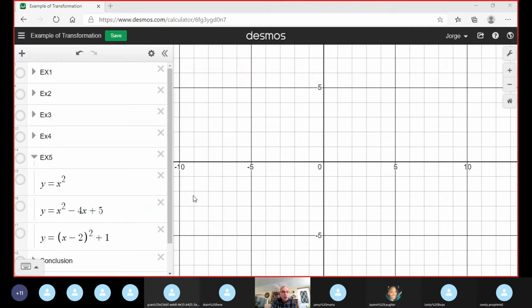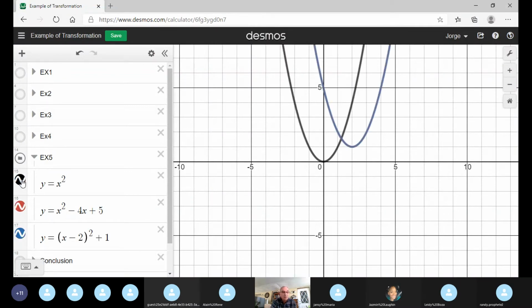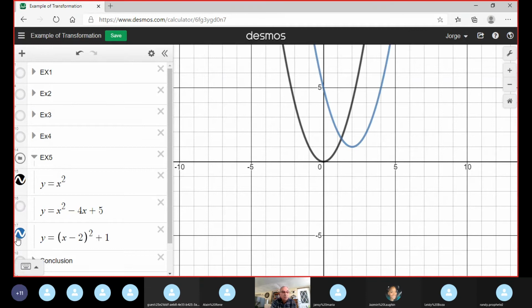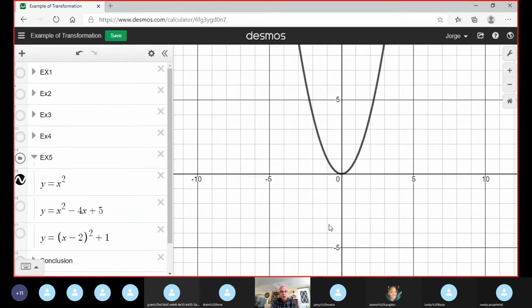Okay. Look at that. This is my parabola. This is my parabola, the original, the basic parabola. This is the graph of the given parabola. After the transformation, you see it is a horizontal shift 2 units to the right and 1 unit up.